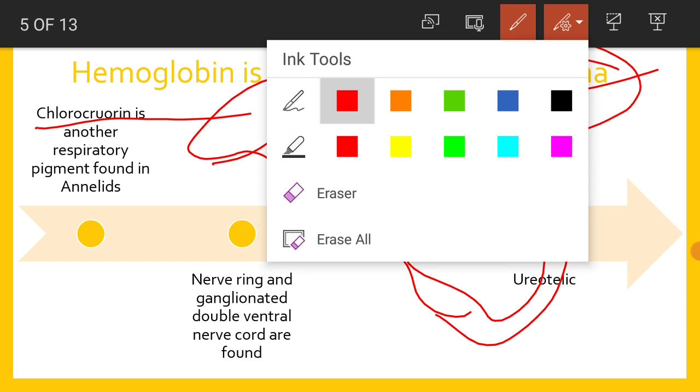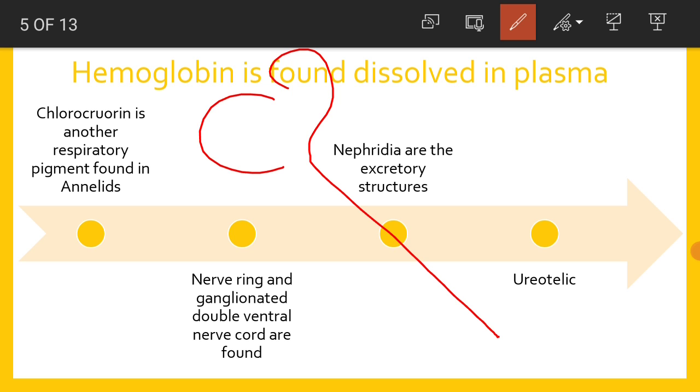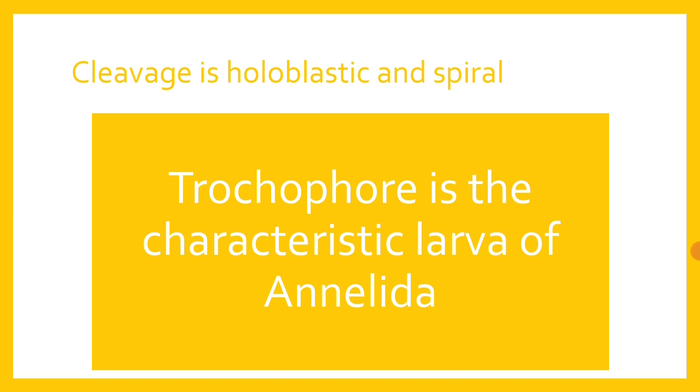In all the annelids, a nerve ring is found, and it contains a ventral double nerve cord which is ganglionated. So that is about the nervous system. Coming to reproduction, these are hermaphrodites, that means both male and female sex organs are present in the single individual.